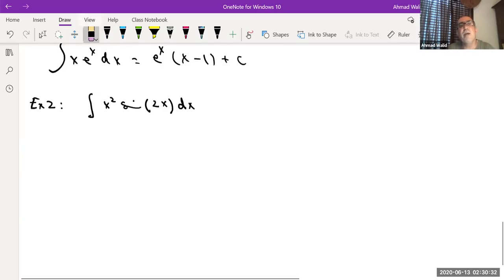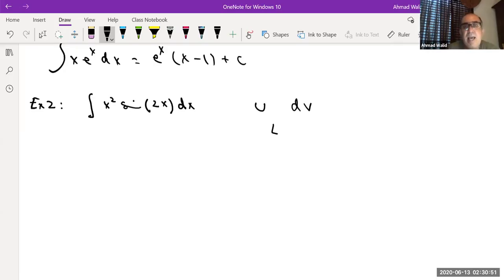That's sine of 2x. Then the only way is to do integration by parts. Now, how to choose u? How to choose dv? You have to choose u. You have to choose your dv. Which one is u? Which one is dv? Again, your word. L, I, A, T, E.